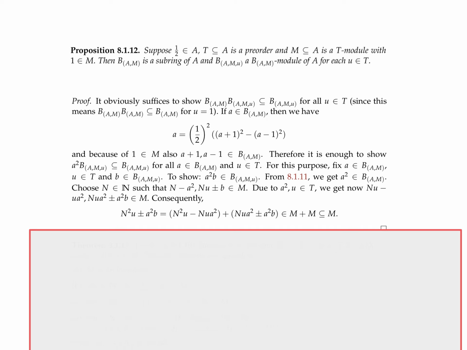Okay? And so this is, let's see, so this is N squared U again, right? Minus NUA squared plus NUA squared, right? Plus minus A squared B, right?